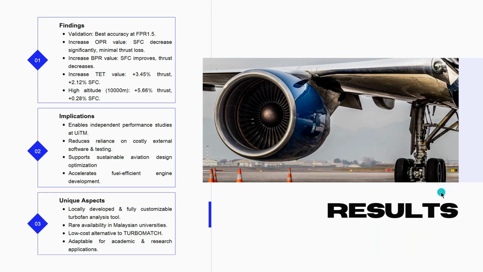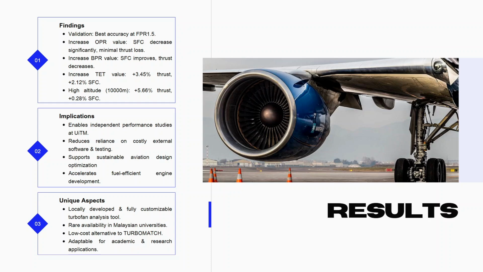For the results, from validation, the model showed the highest accuracy at FPR 1.5, so this value was used for the main analysis. Key results include: number 1, increasing OPR significantly reduced SFC with minimal thrust loss. Number 2, higher BPR improved SFC but lowered thrust, indicating a trade-off.